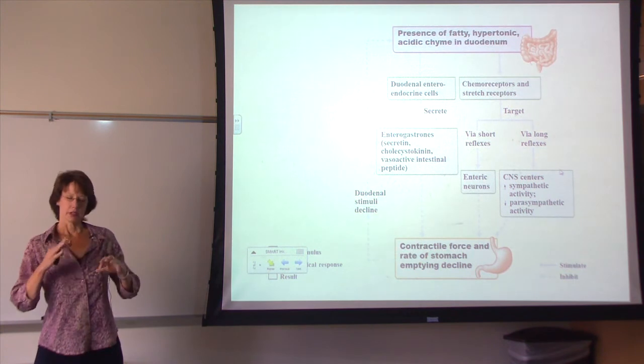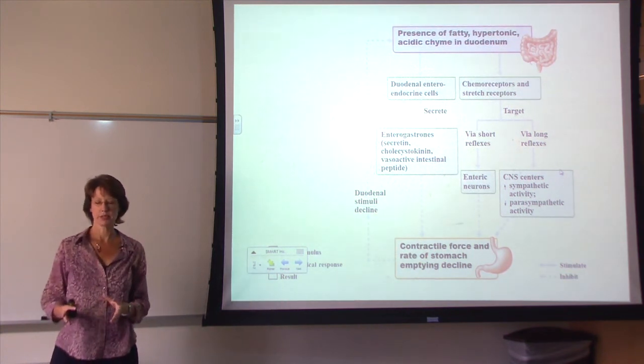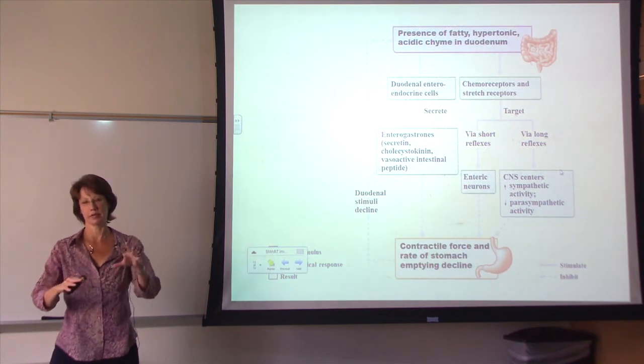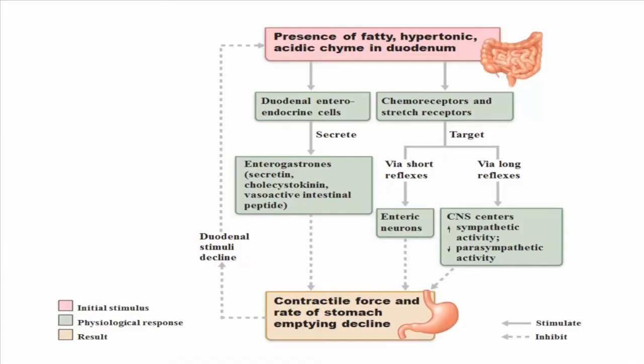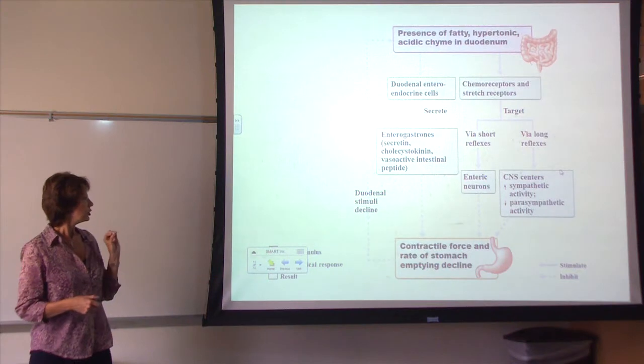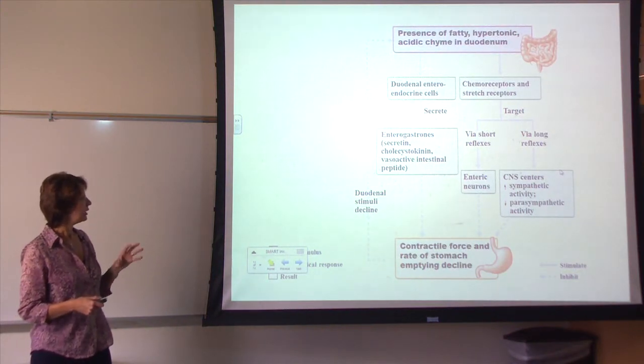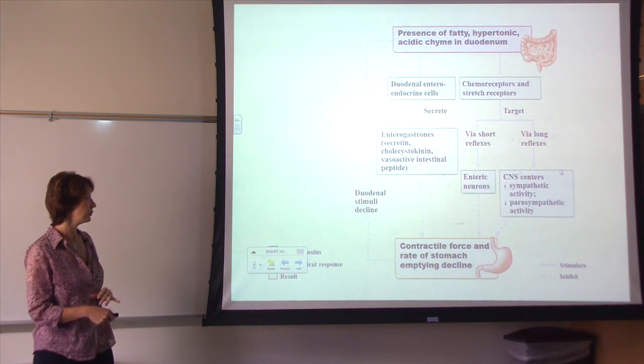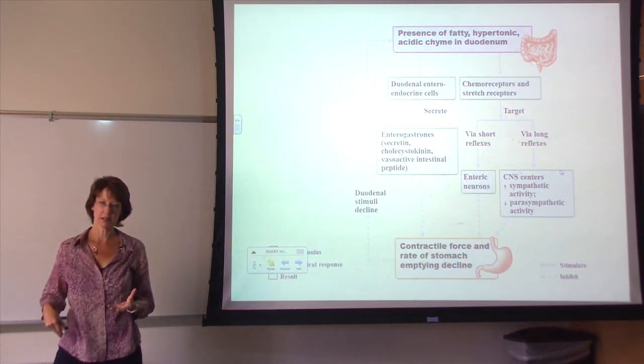The other part of the control process really for all of this is the homeostasis of when do you feel hungry and when do you feel satiated. That's how you end up in the absorptive or the post-absorptive state. Hunger can actually be controlled by the presence of fatty chyme going into the duodenum. That fatty chyme will actually decrease the contractile force of the stomach and the rate of stomach emptying.